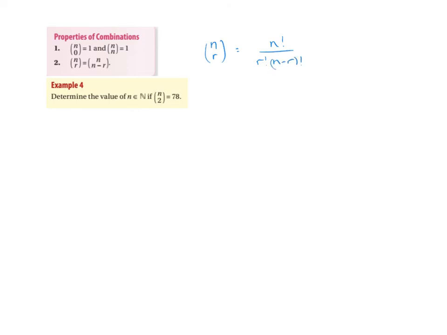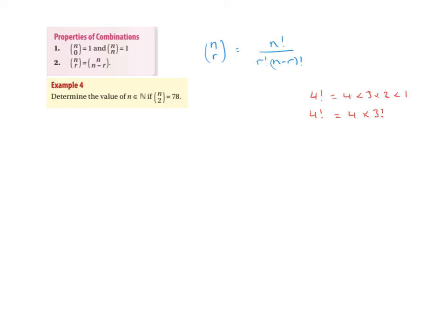I'm going to do a little recap on factorials before we attempt this example. Hopefully you can remember that 4 factorial is equal to 4 times 3 times 2 times 1. We just keep going down and keep multiplying until we get down to 1. Hopefully you can see that 4 factorial is the same as 4 times 3 factorial.